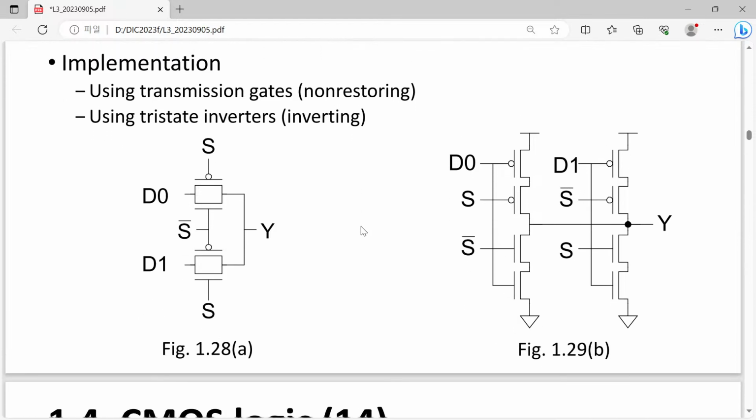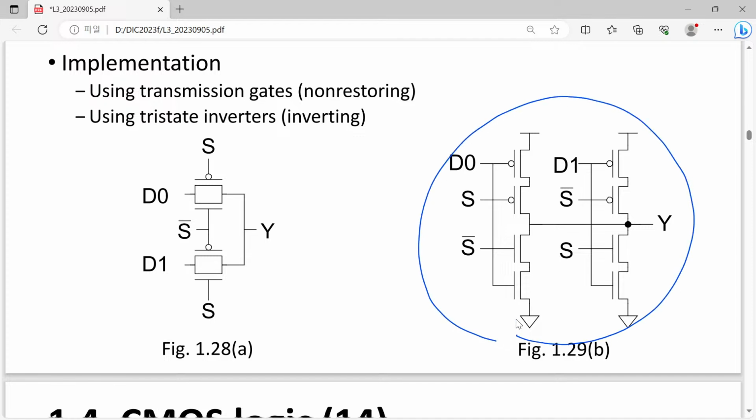For example, let's think about this implementation with the transmission gate.